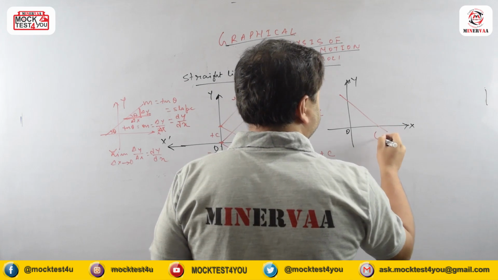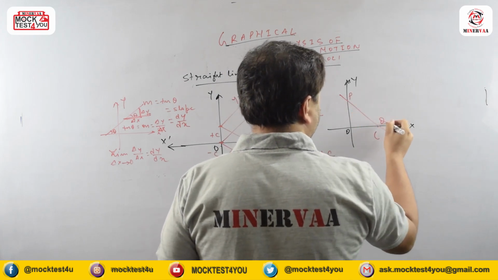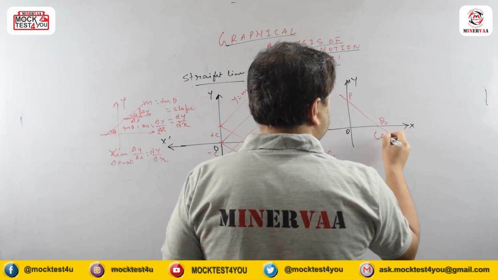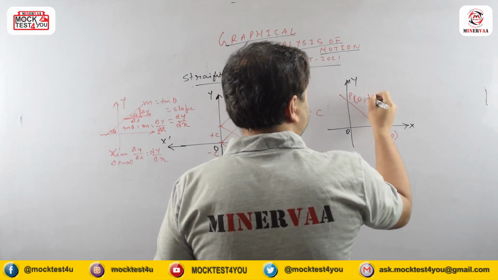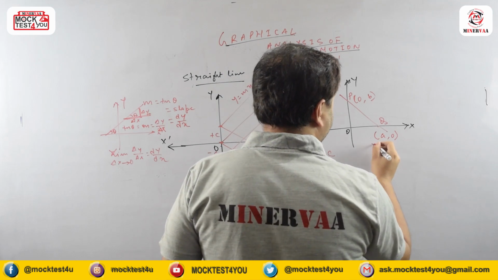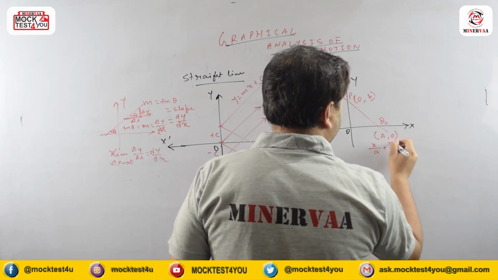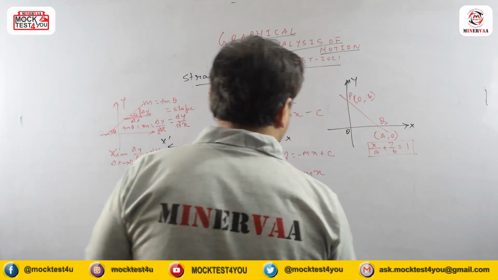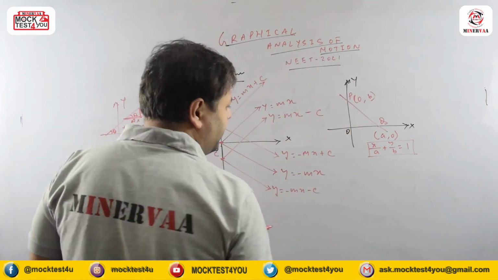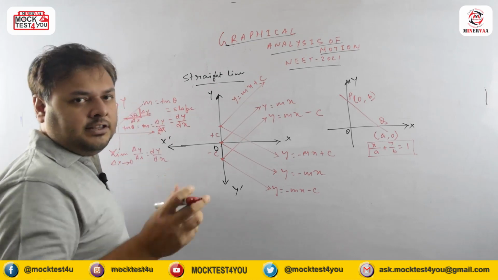Suppose at this point it is P and this is Q. At Q it is intersecting at point A,0, and at P it is 0,B. So we know there is an equation, x by a plus y by b equals 1. It is called the intercept form. This is very, very important for us and we should remember it.